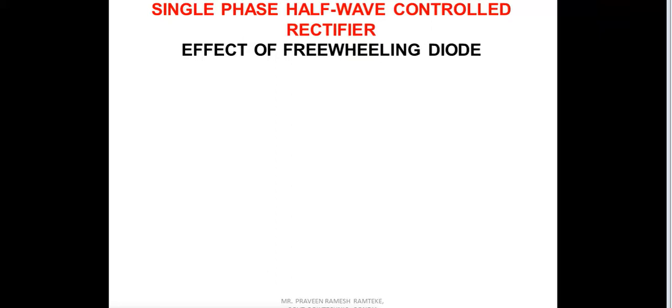To overcome these drawbacks such as poor efficiency, low output voltage, we will be using a freewheeling diode in addition with the inductive load. This freewheeling diode, when used with the inductive load, the drawbacks of the single phase half wave control rectifier with inductive load will be removed.